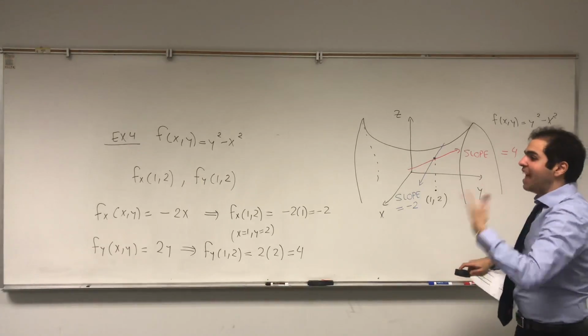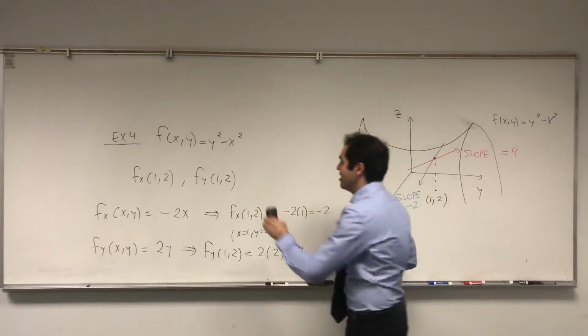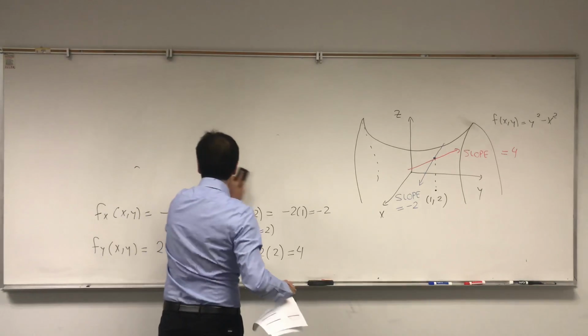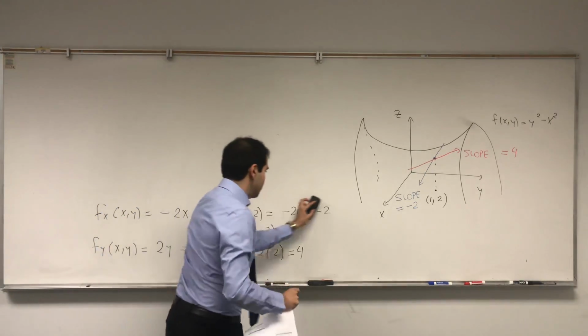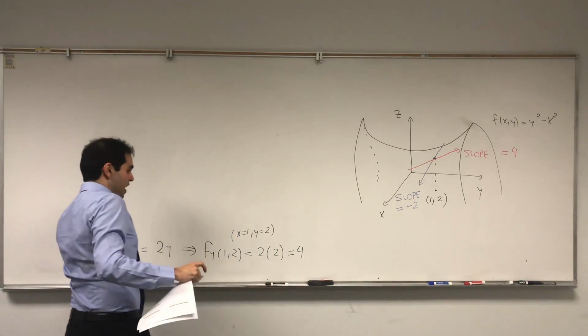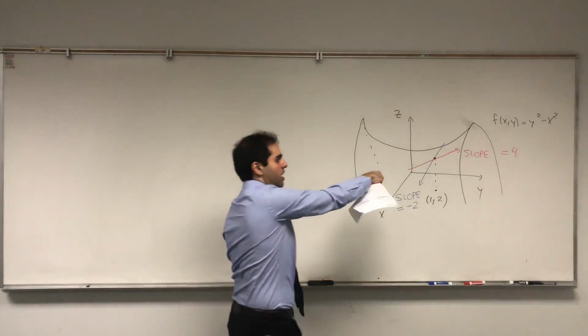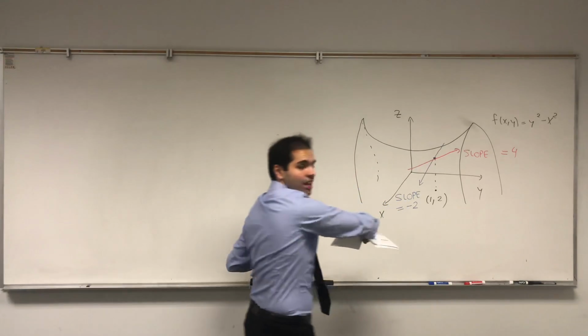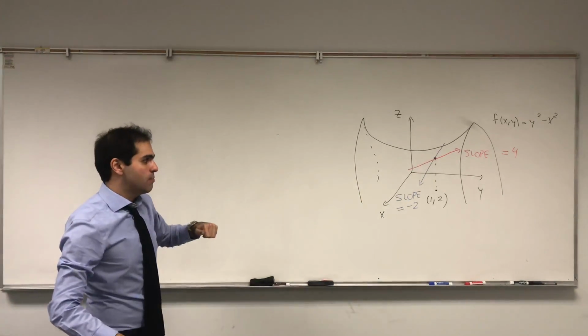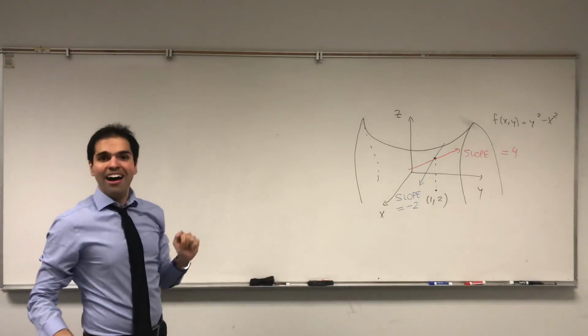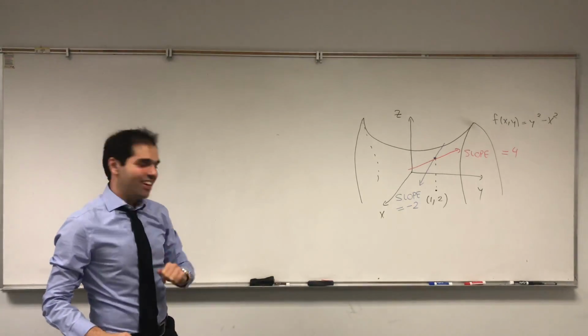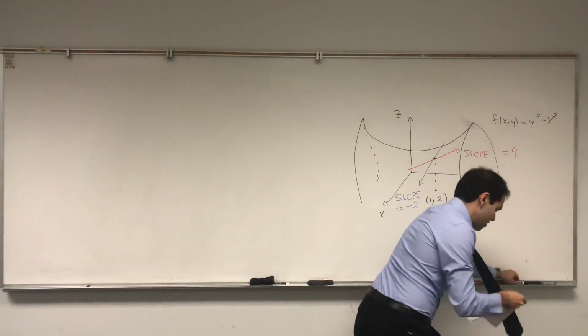And in fact, that is the precise definition of the partial derivative. All that f_x is, is the slope of the tangent line in the x direction, so in this case, minus 2. And f_y is the slope of the tangent line in the y direction.